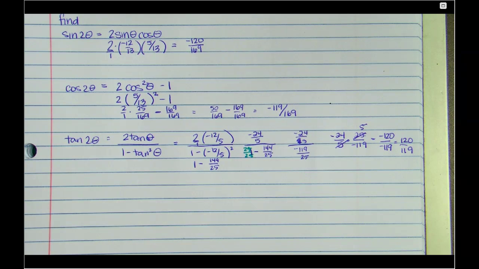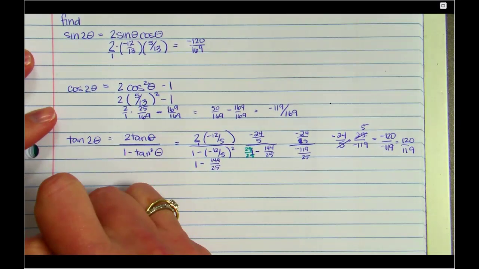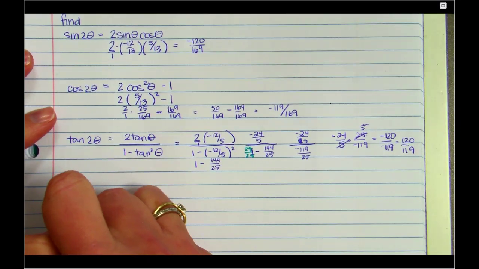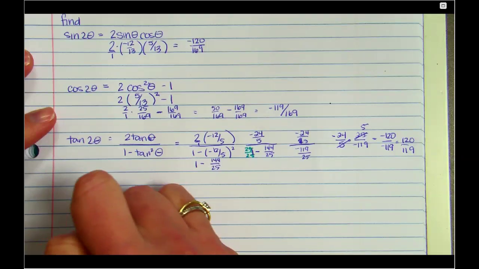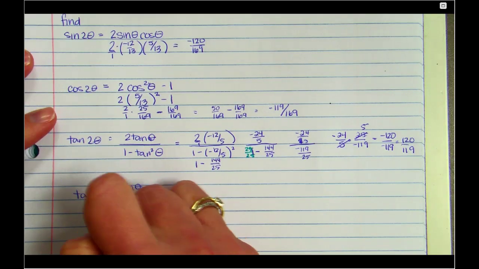Now, I'm going to show you a hack that's going to save you a boatload of time. The hack only works if you had to find all 3. So if I just gave you, hey, here's this, find the tangent of 2 theta, you're out of luck. But if you have found the other 2, I want to remind you that tangent is equal to sine divided by cosine.